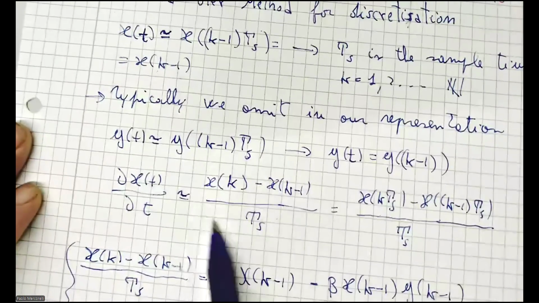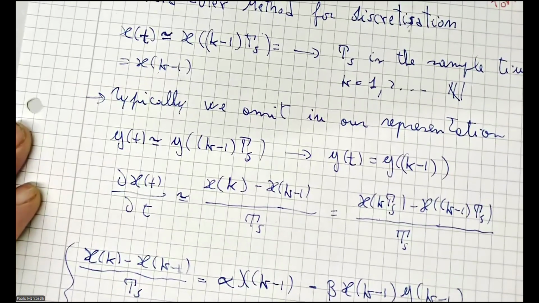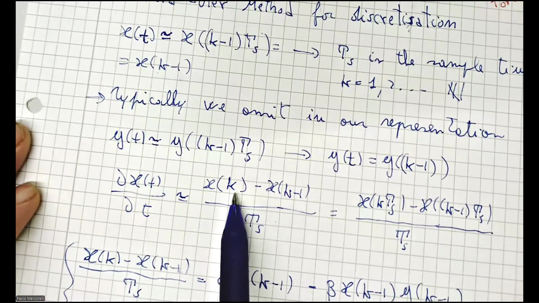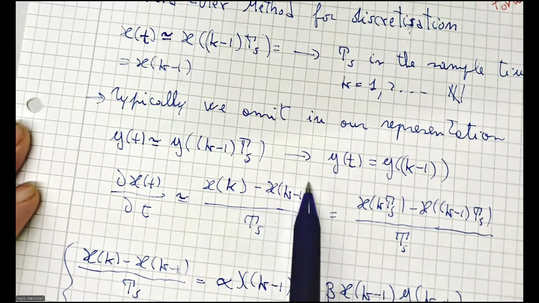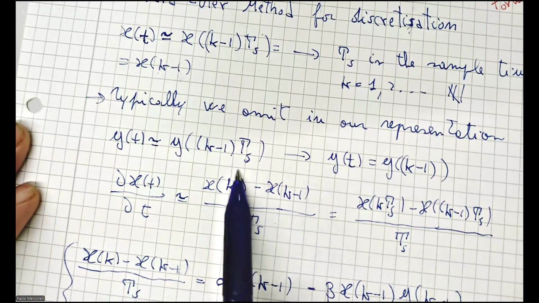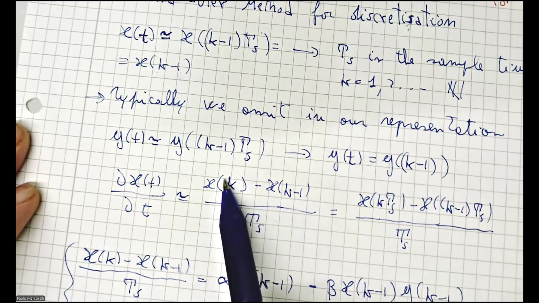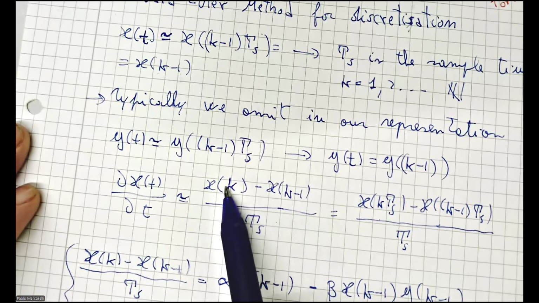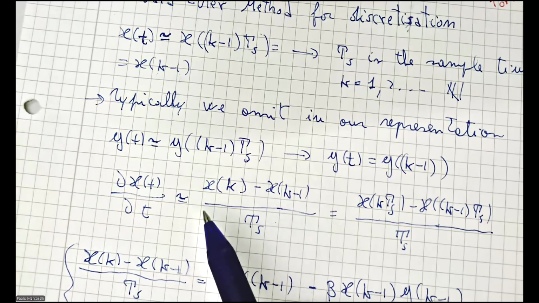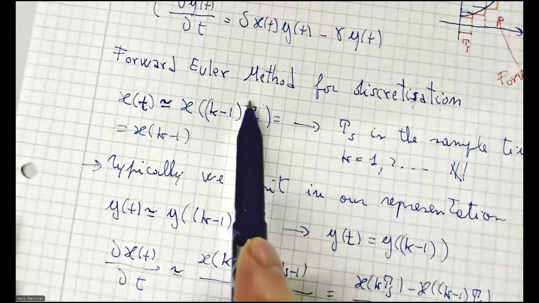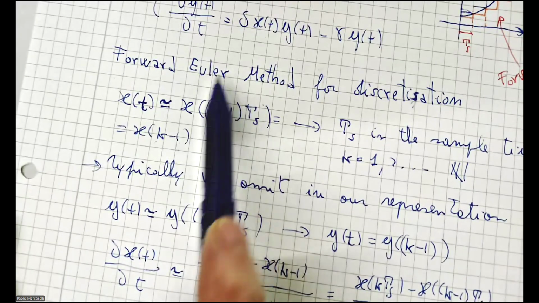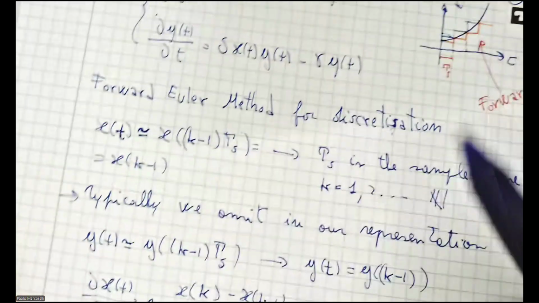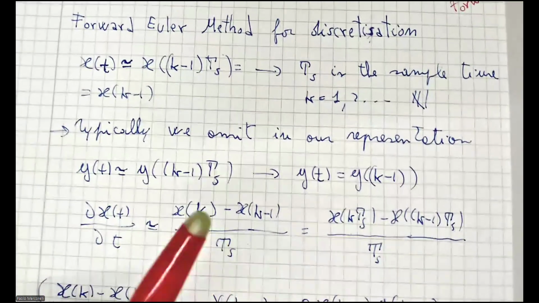Because if you consider forward, it is the approximation of the derivative in a forward way. If this is the actual value, this is the future. Or if you don't like to speak about the future, this is the past, this is the present. This means I approximate the derivative looking forward. But if instead of this expression I consider xk, I will look back.